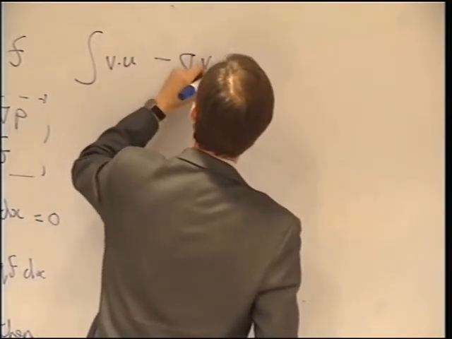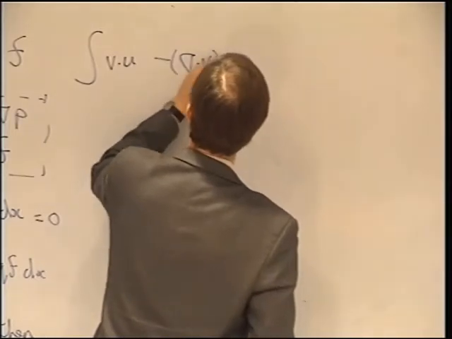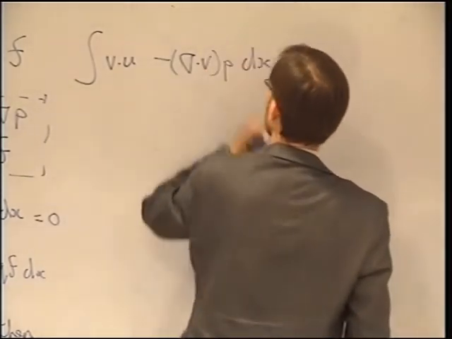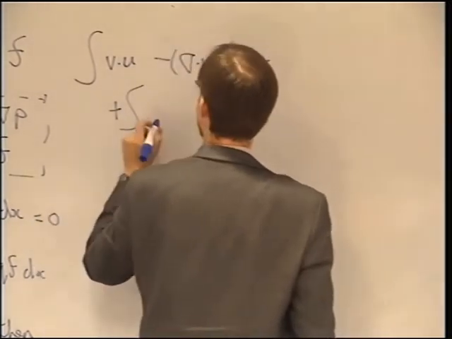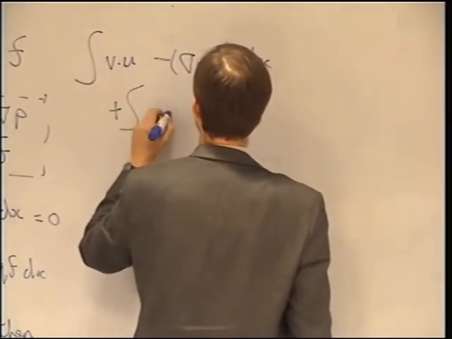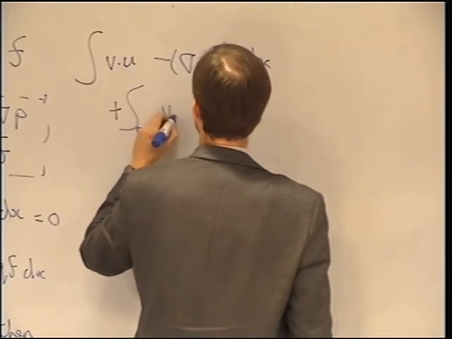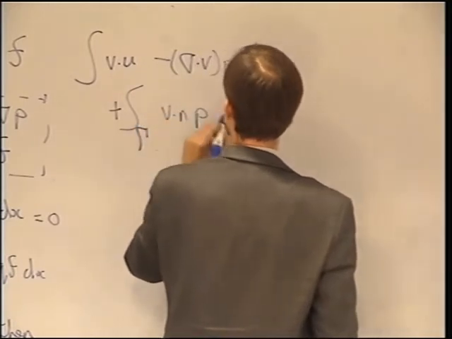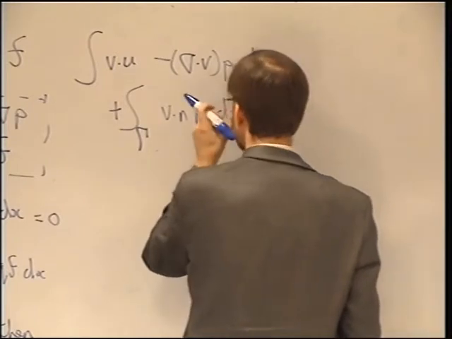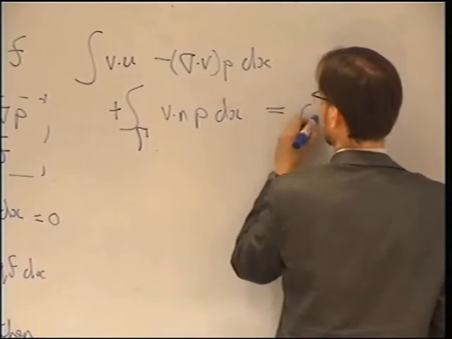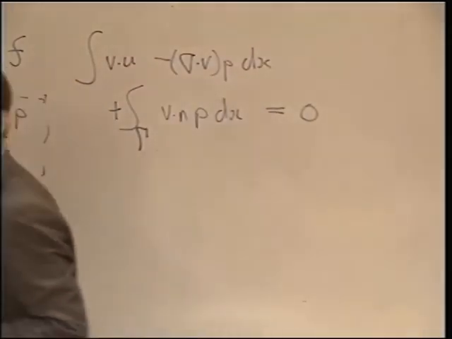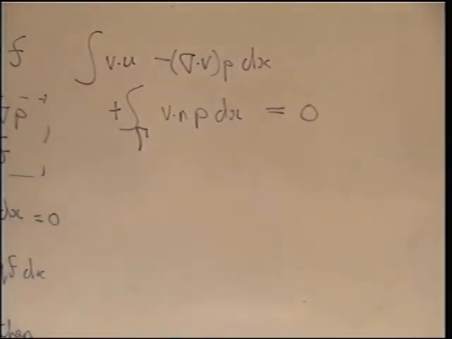Minus the integral of div v p dx plus the integral over the boundary of v dot n p. Okay, that's the integration by parts formula in that circumstance.